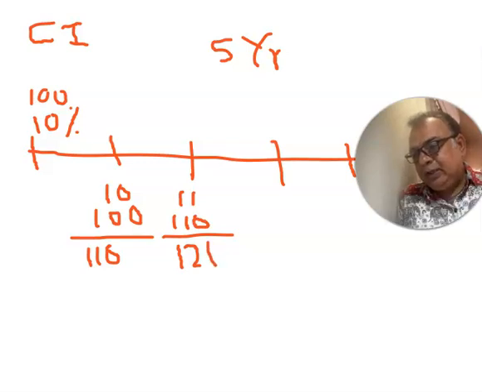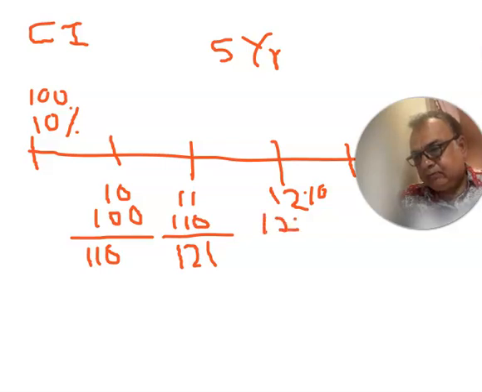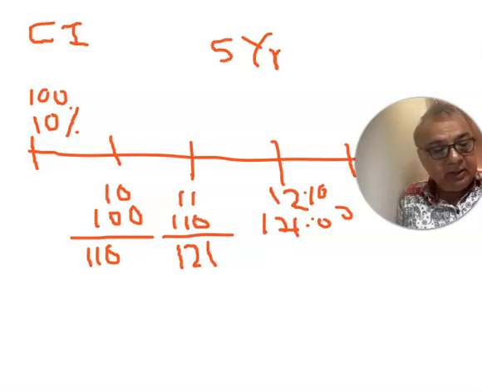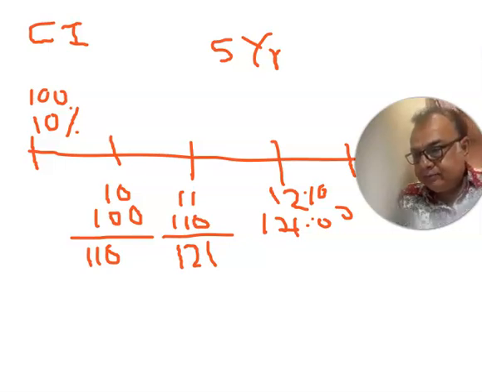Third year you will get interest of 12 rupees 10 paisa with the 10% rate of interest, and you have to add it to 121 rupees. This will become 133 rupees, 133.1 rupees.